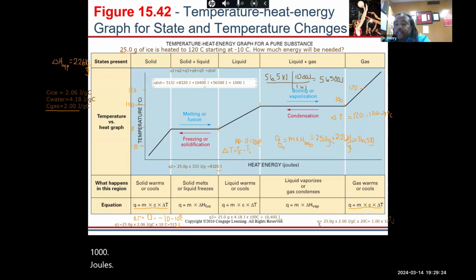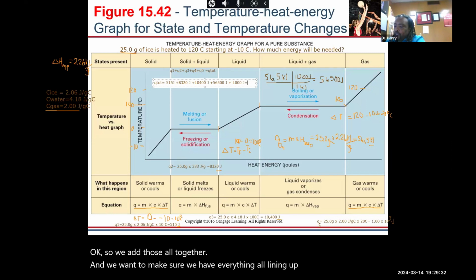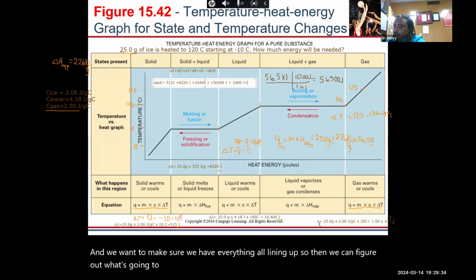Okay, so we add those all together. And we want to make sure we have everything lining up, so then we can figure out our number of sig figs.